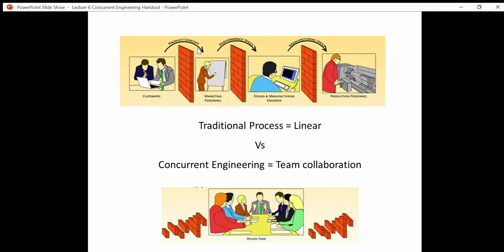We pass all that information for the product concept to the marketing personnel. So the customer discusses, and then the marketing personnel do some summaries for the product concept, and then they do some performance specification and pass it over to the design.